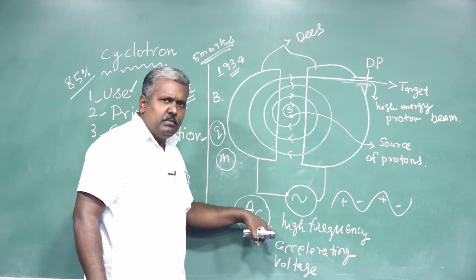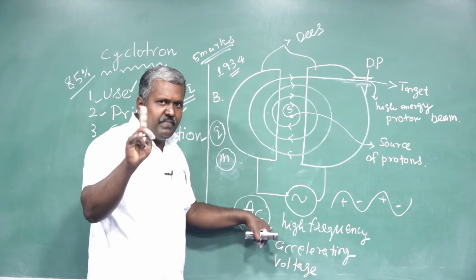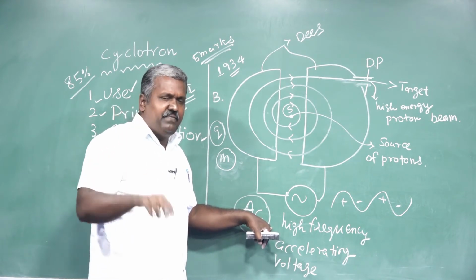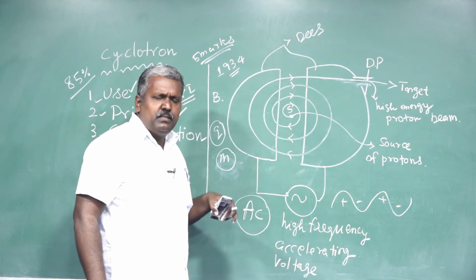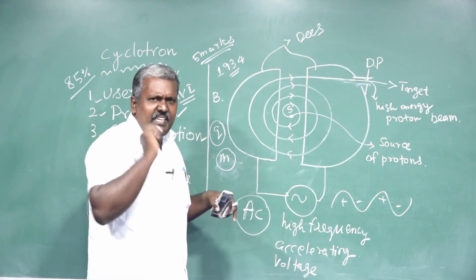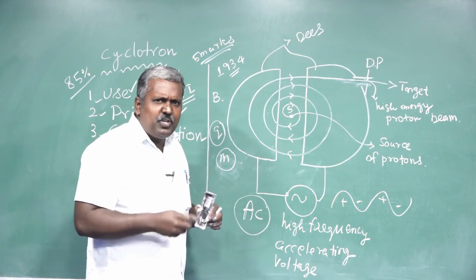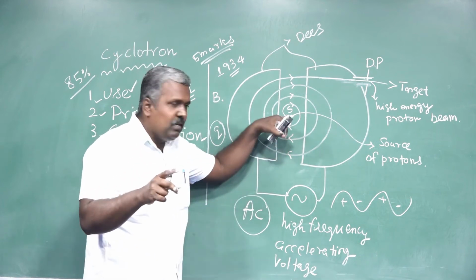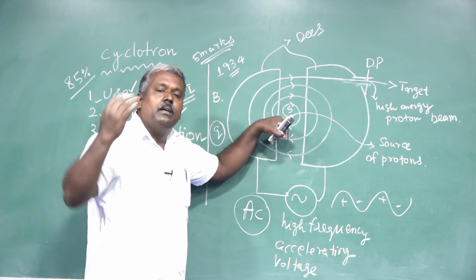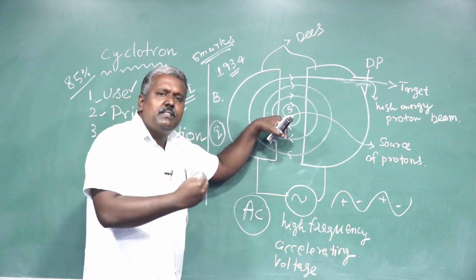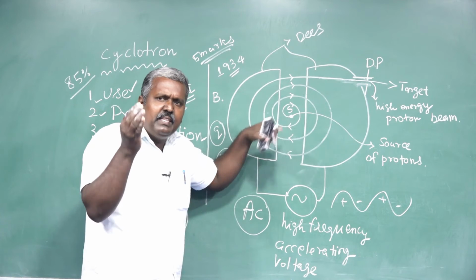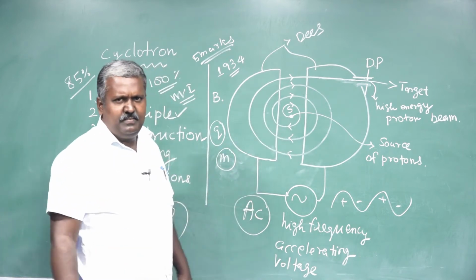with the help of electric field, not a magnetic field, with the help of electric field towards one D having positive potential or negative potential. Very good, because this is a positive ion. It is accelerated towards the D having the negative potential at the instant.